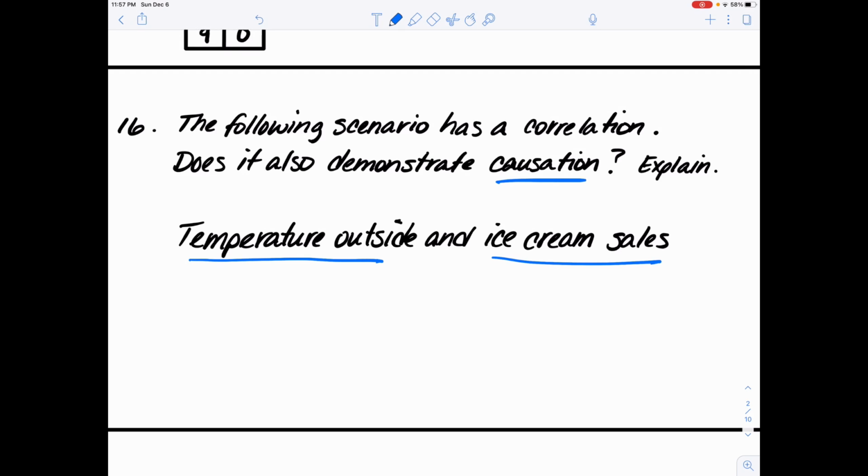So this is an example of a correlation. There is a relationship between the data of each one, but just because the temperature goes up outside, it doesn't mean that every single person is going to rush and go buy ice cream. It does happen frequently, and there is a relationship there, but in this case, there is not causation.